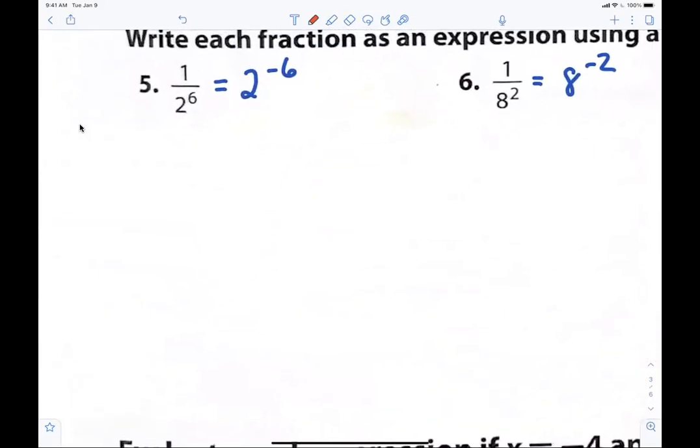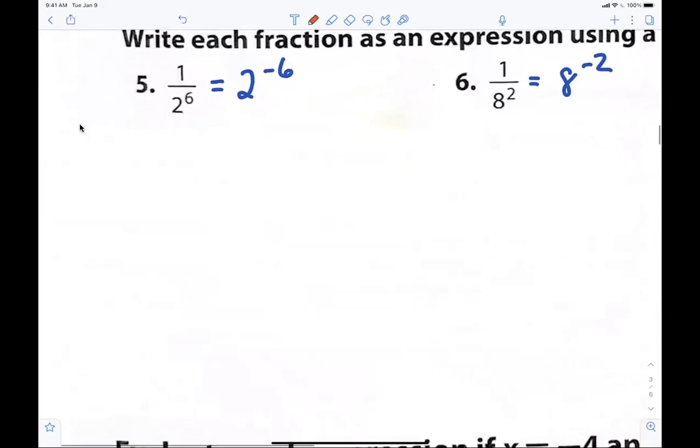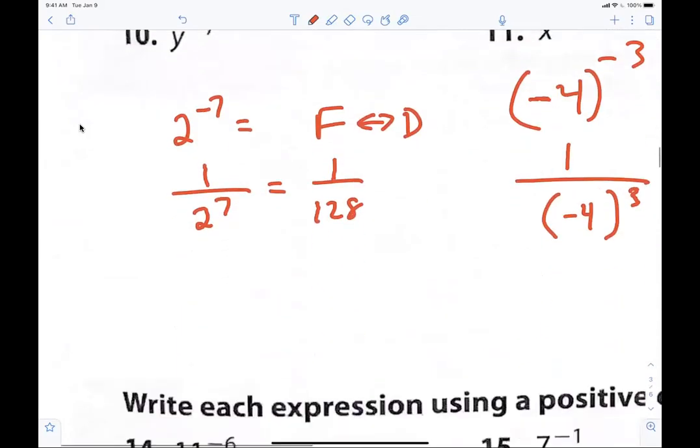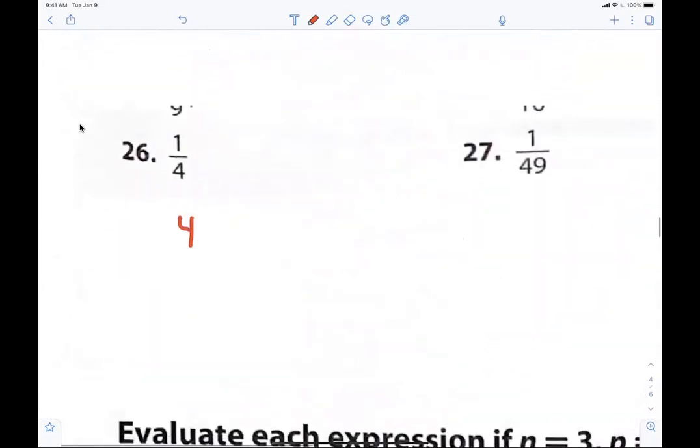Look at that answer. See what I'm saying? 1 over 2 to the 6th is 2 to the negative 6. Yeah, that's a good question. Okay. So this is to the first power. So it'd be 4 to the what? Yes, 4 to the negative 1.